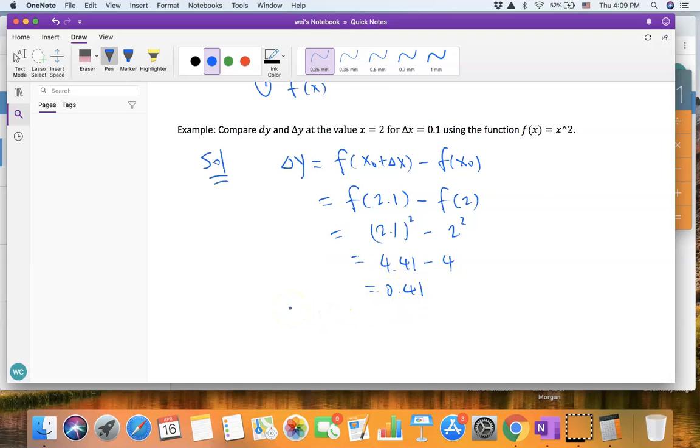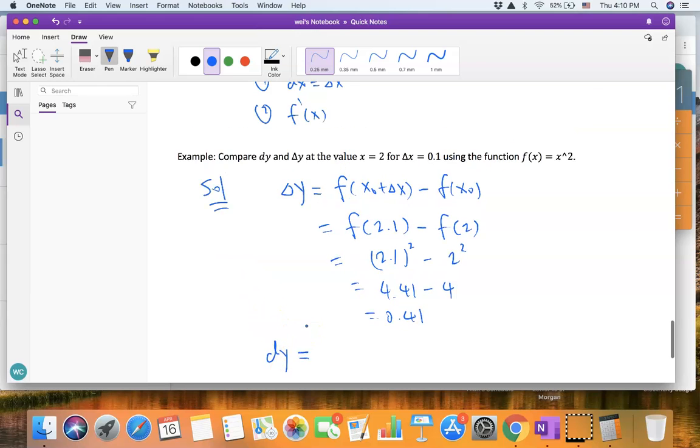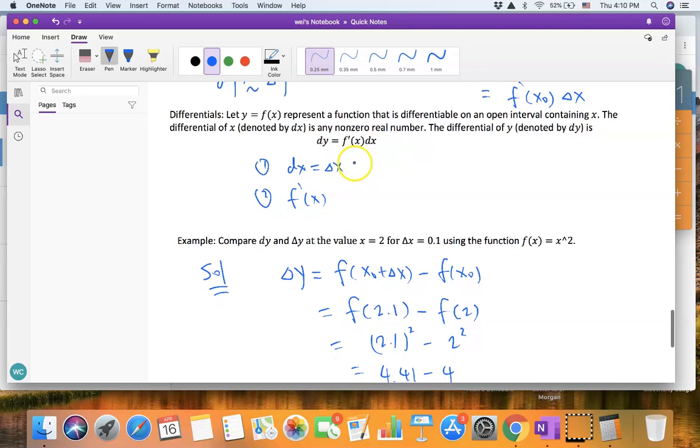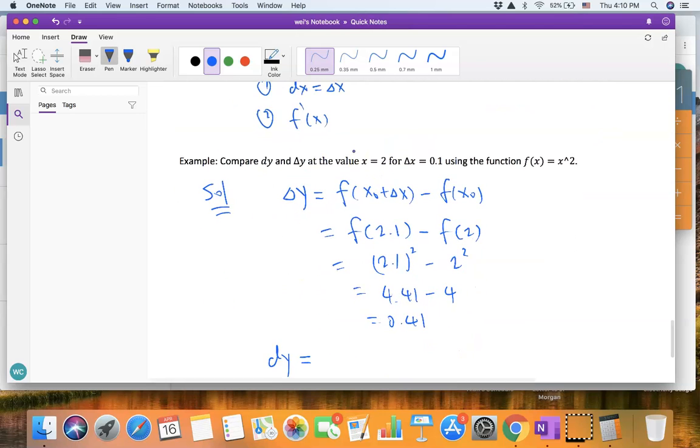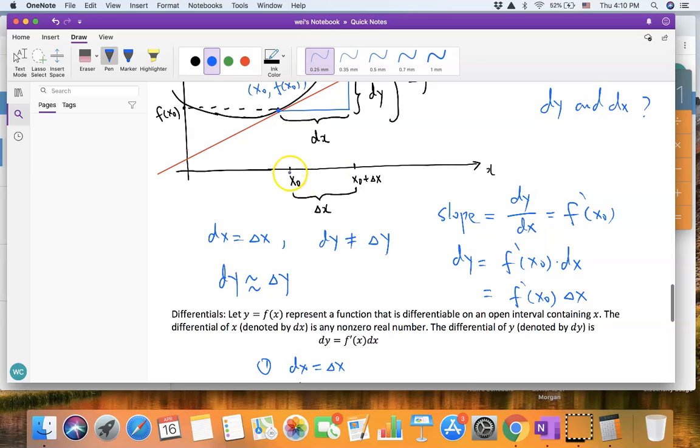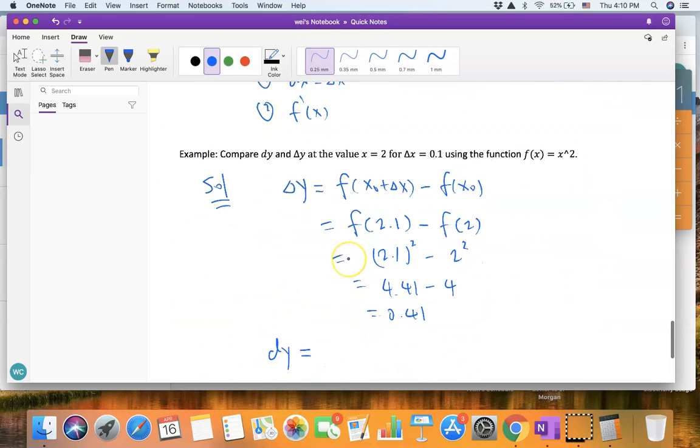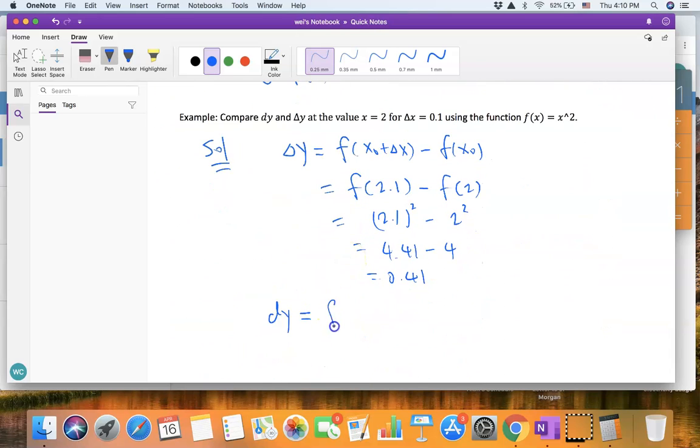Okay, now to find dy, we're using this formula. So dy equals the derivative of the function when x equals 2, multiplied by delta x.